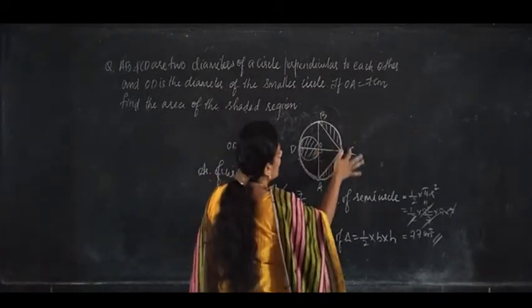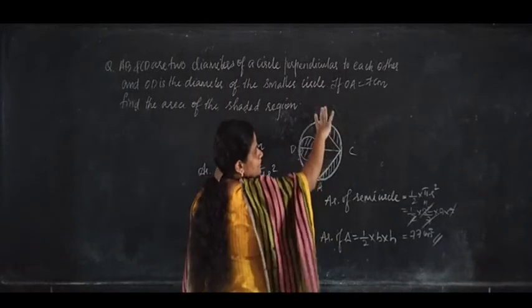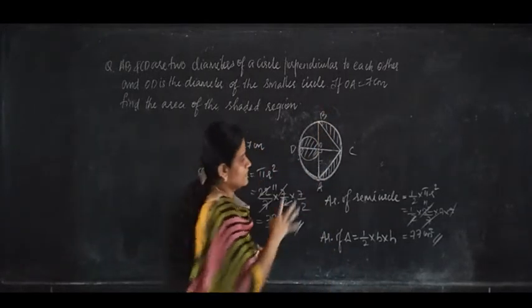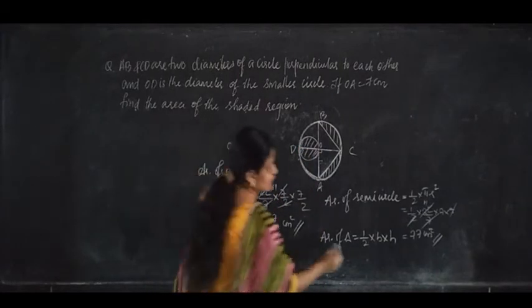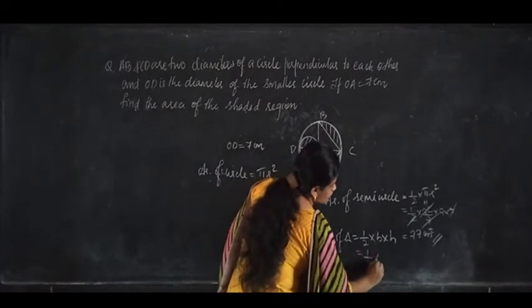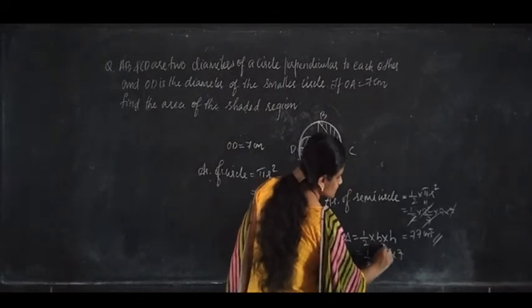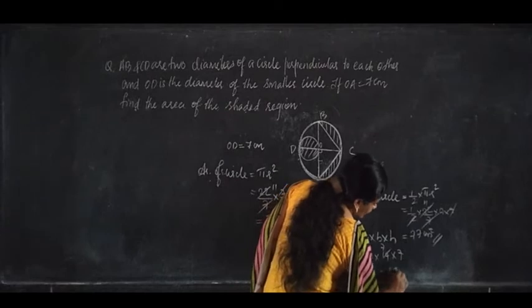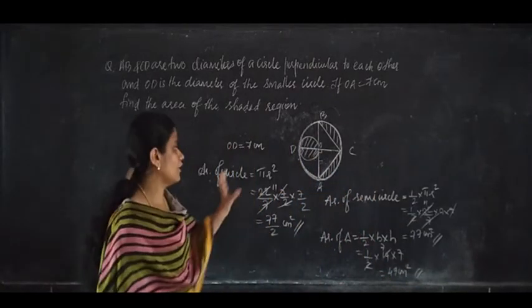Yes, OC is the height and AB is the base. Here AB, the diameter, is equal to 14 centimeter and OC is equal to 7 centimeter. So how can you write? Half into 14 into 7. So 14 and 2, 7 times. The answer is 49 centimeters square. Is it clear? Now we got all the answers.